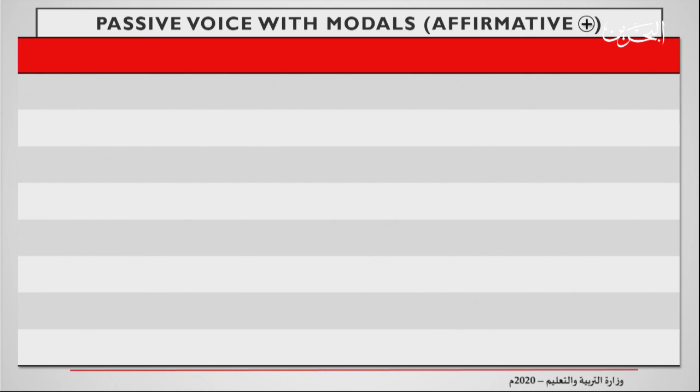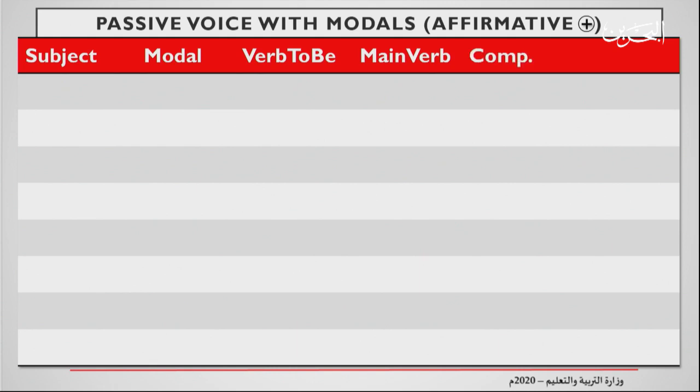I'm going to start with affirmative, that means positive sentences. This is how you build them. Okay, you start with the subject, then a modal, then verb to be, then main verb, then complement, which means the completion of the sentence. Okay, and the agent should be an optional thing.